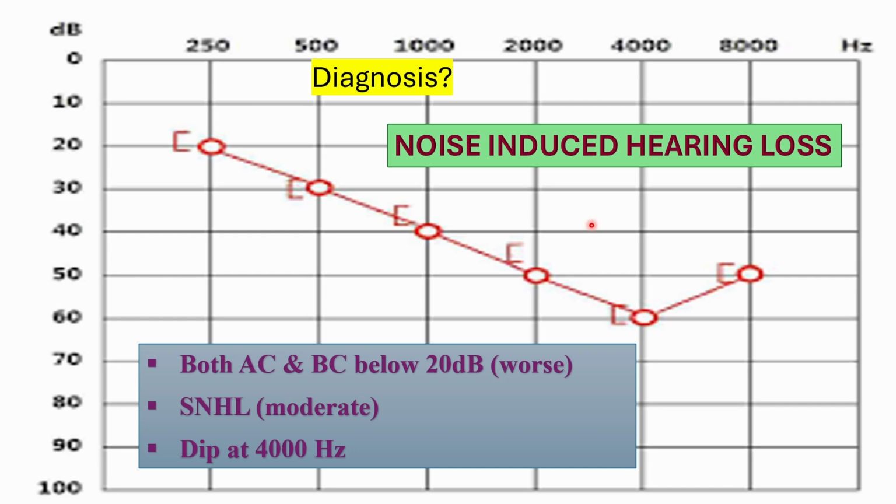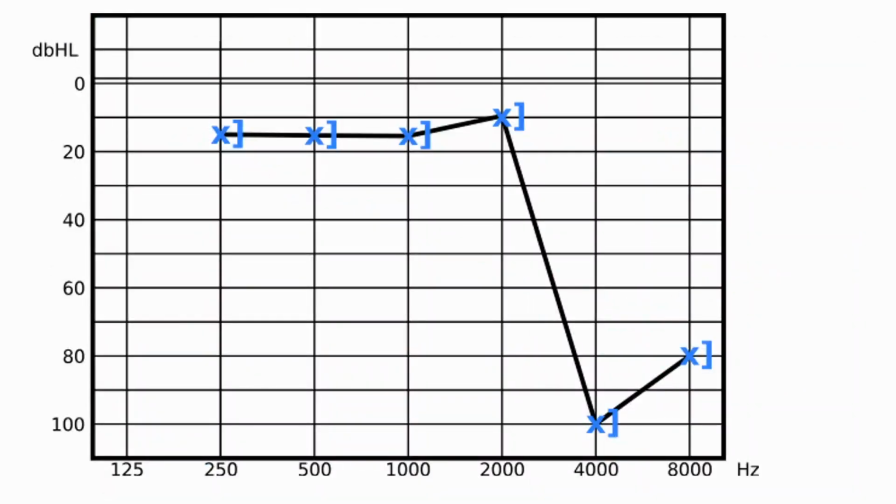Again, remember that if patients present late, even with noise induced hearing loss, you may not be able to find any dip here, or the gap may be widened, and then it will become flat first and then down slope. So another graph, again if we look at 2000 hertz, there is normal, but then there is a sudden drop at 4000 hertz with a dip.